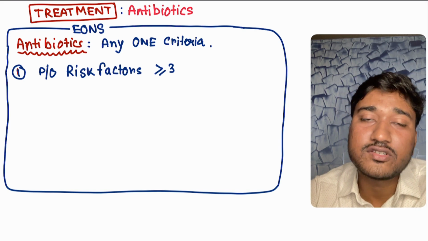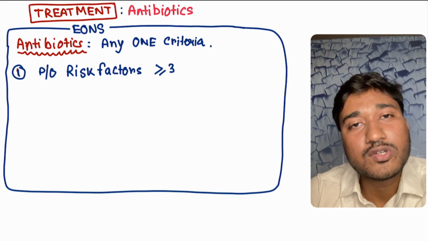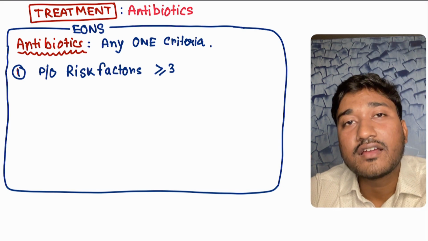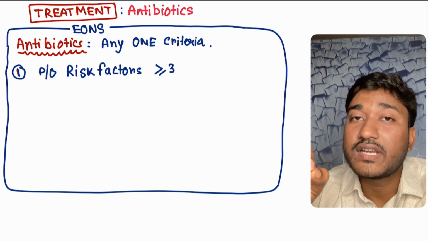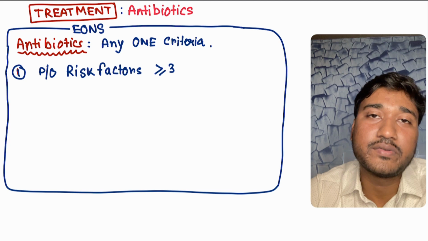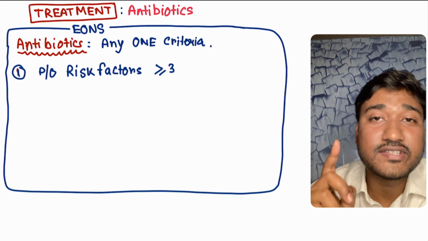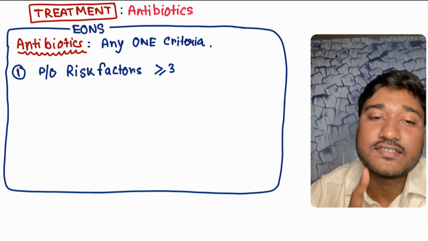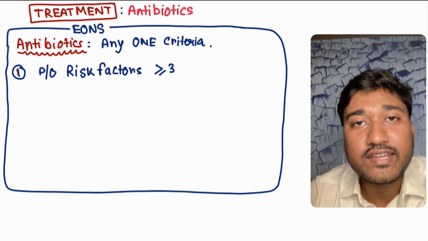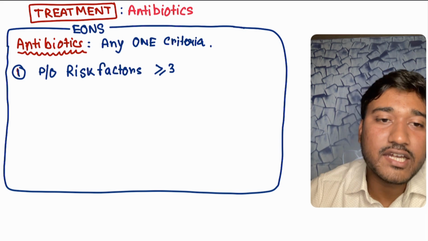If there are any ventilatory requirements, you need to give it. And also maintain normoglycemia, that is hypoglycemia as well as hyperglycemia should not be allowed. It should be treated appropriately, as well as a normal temperature should be maintained. And apart from this, remember, the main treatment is antibiotics, and before starting antibiotics you should draw the blood culture. This is mandatory.